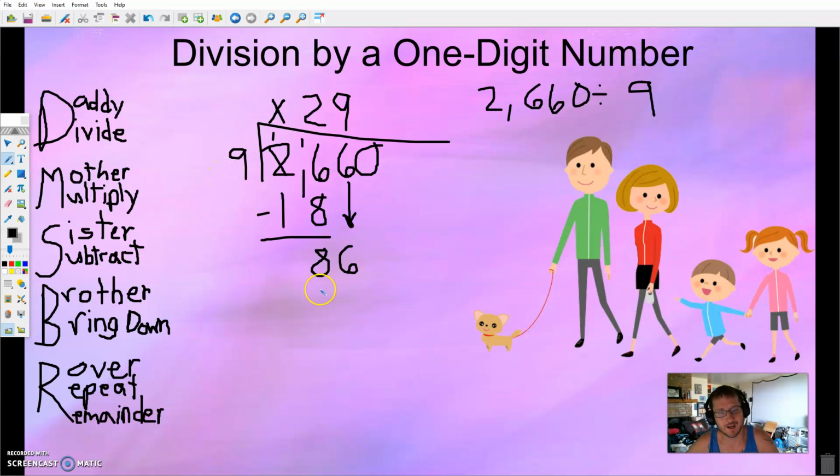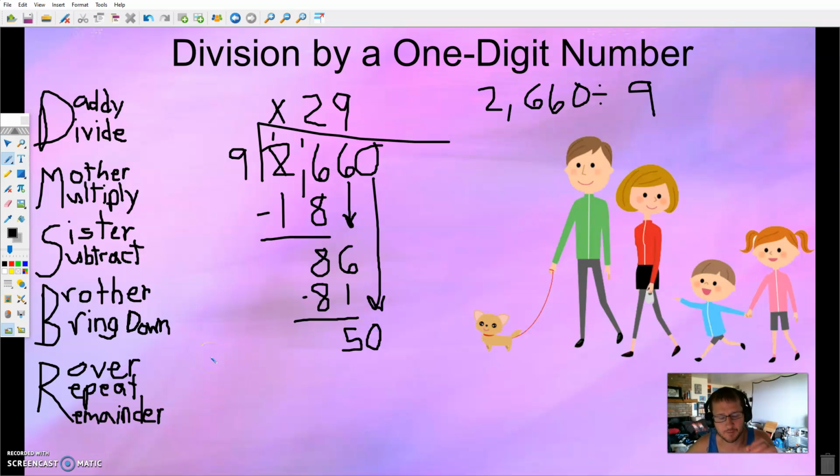Now 9 times 9 was 81. And we got that from our skip counting. So 86, subtract 81. Sister subtract gives me a 5.